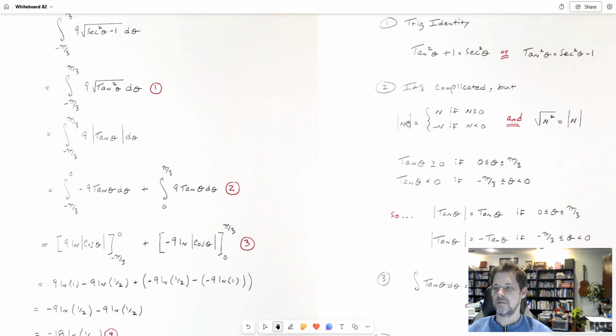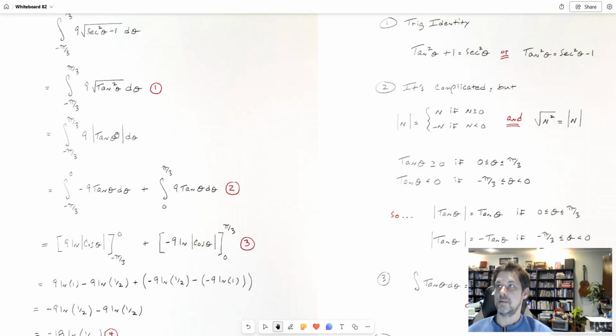Absolute value does break down like this, according to whether the number in there was positive or negative. So about that tangent theta, is there some pattern, some regularity, to when the tangent of an angle is positive or negative? Definitely, there's some predictability to that.